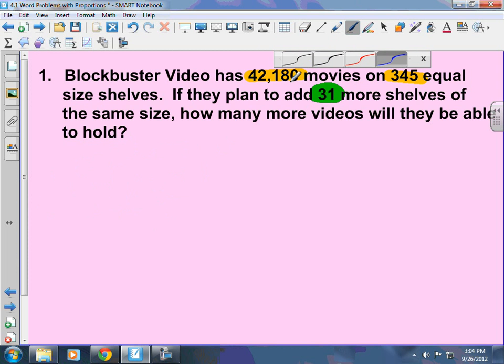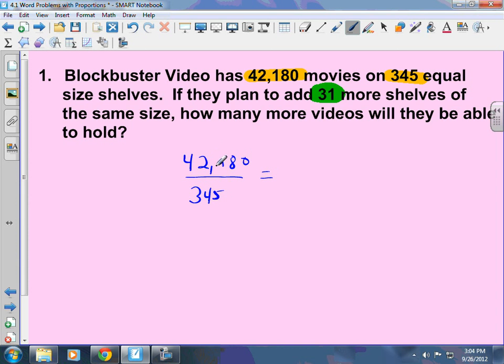Well, what I'm going to do is set it up as a proportion. They're going to give you 2 things that go together and then 1 thing that doesn't go with the other 2. I have 42,180 movies on 345 shelves.